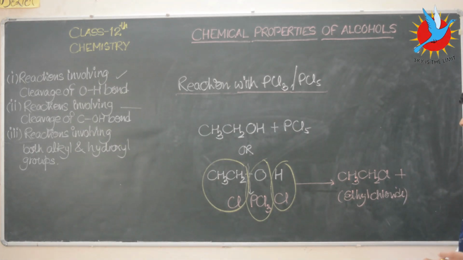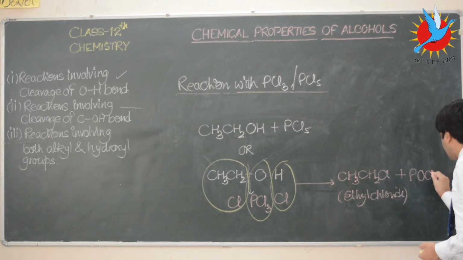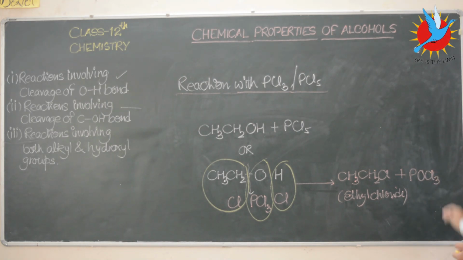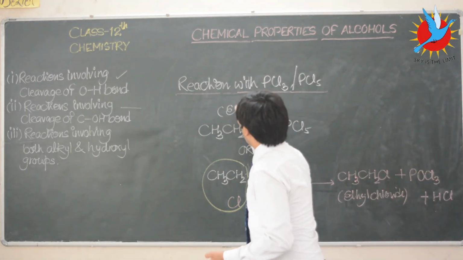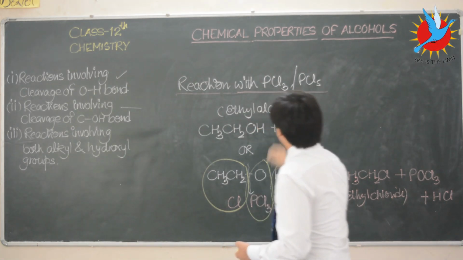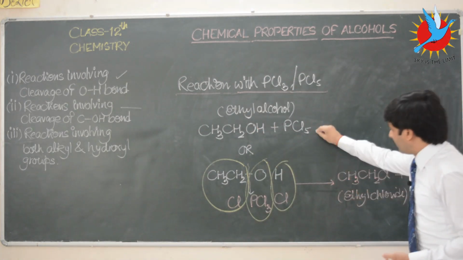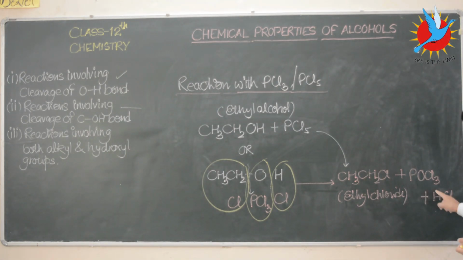Along with it you will get two byproducts: one is POCl3 and along with it you will get HCl. So ethyl alcohol upon reaction with phosphorus pentachloride turns into ethyl chloride along with POCl3, phosphorus oxychloride, and HCl, hydrogen chloride.